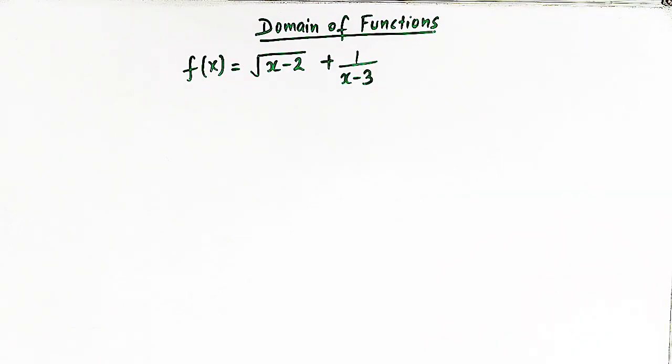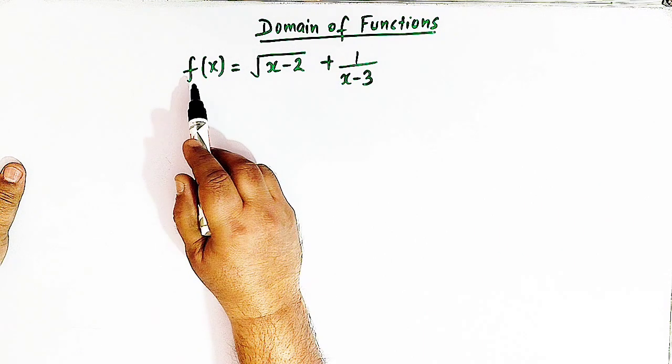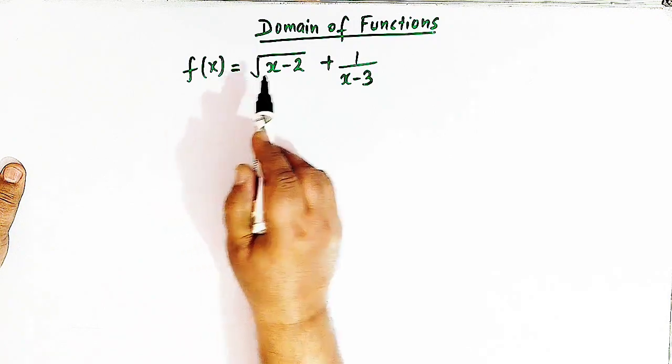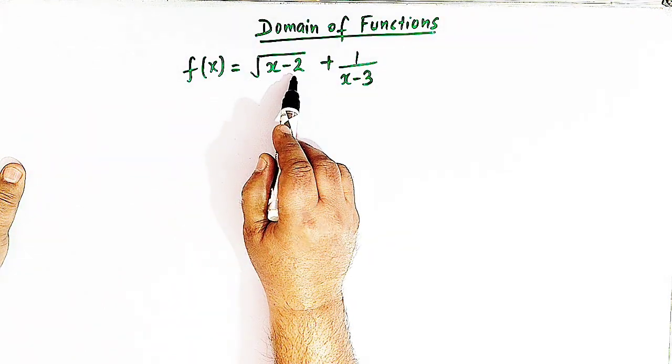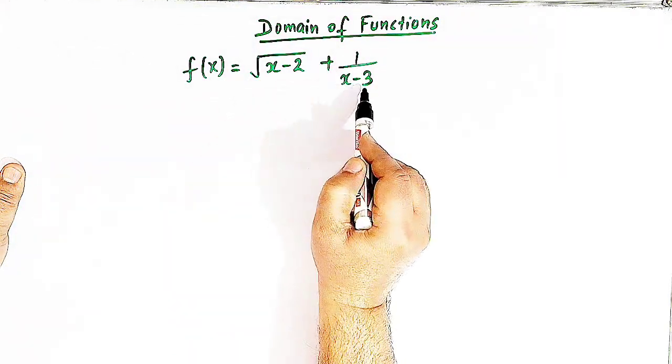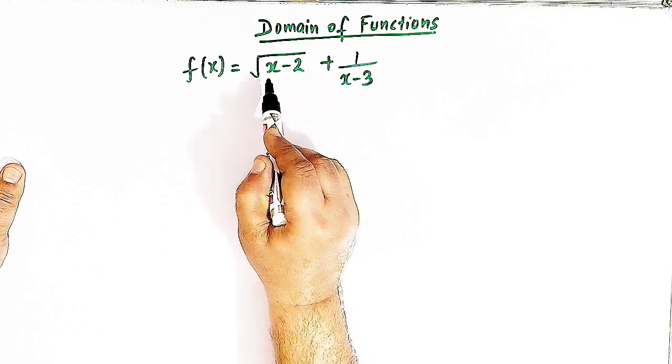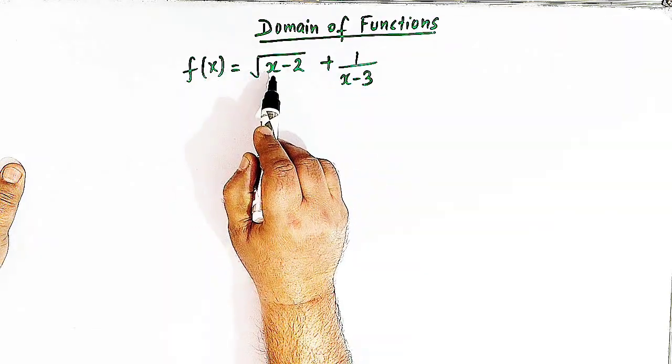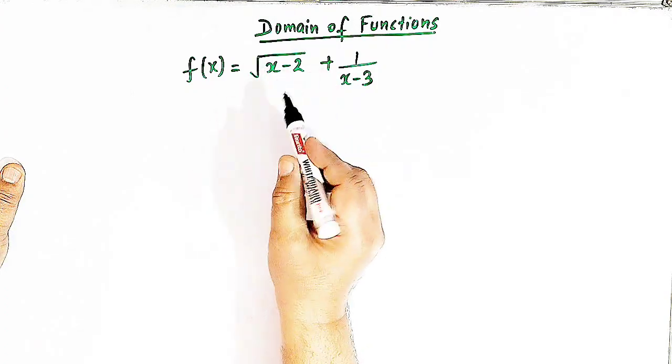Hello viewers, in today's session we are going to discuss another important problem from domain of functions. Here we have to find the domain of the function f of x, which is equal to square root of x minus 2 plus 1 over x minus 3, right? So f of x is given as a sum of two functions.